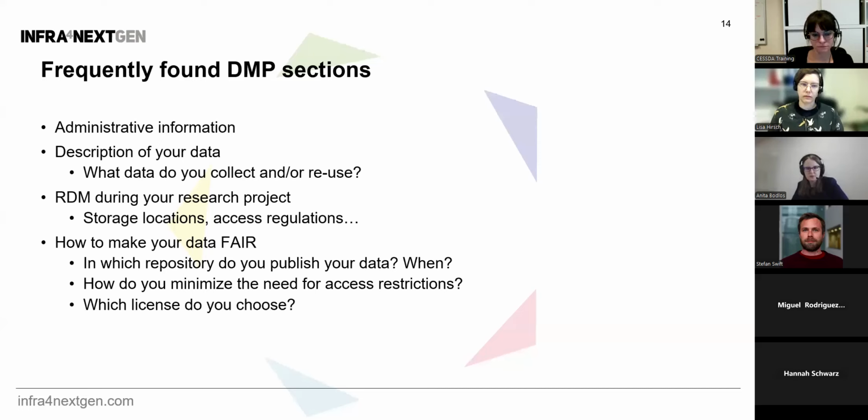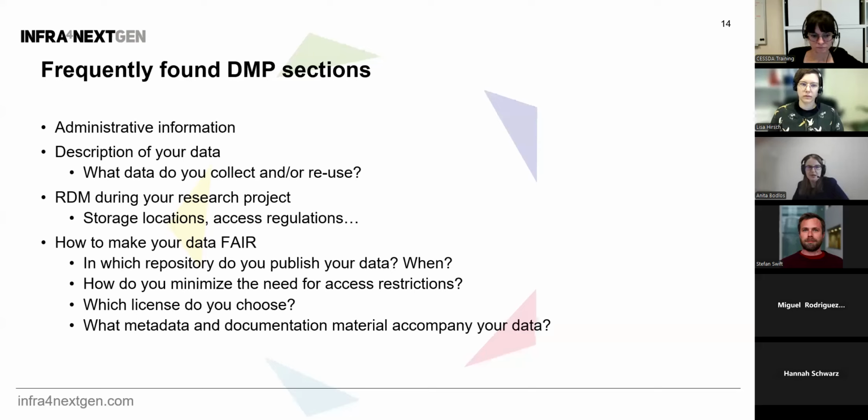Which license do you choose? Do you choose a CC BY license? Do you publish your data under public domain? Or else, do you work with personal data that may require a license that is dedicated specifically to the needs of these data? What metadata and documentation material accompany your data is also an important aspect.